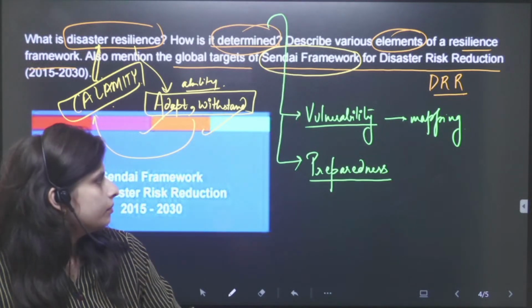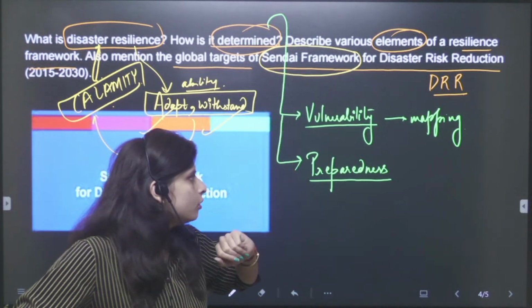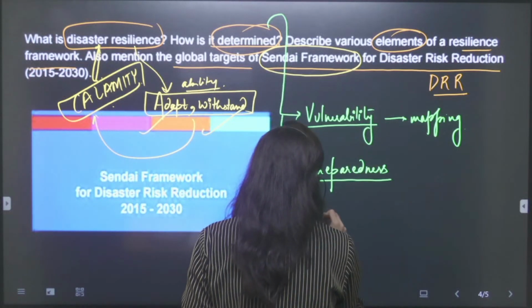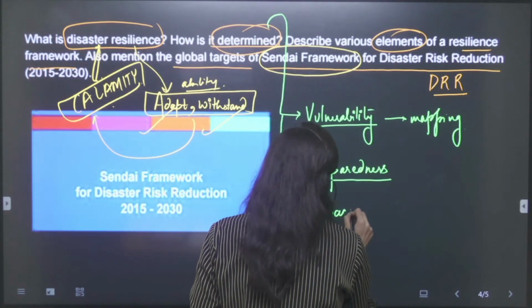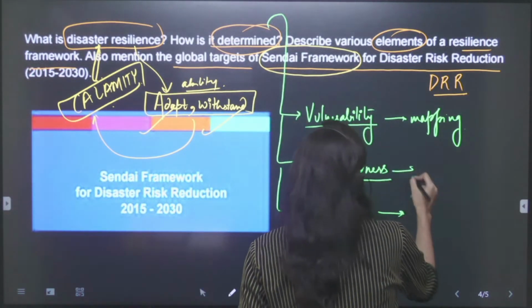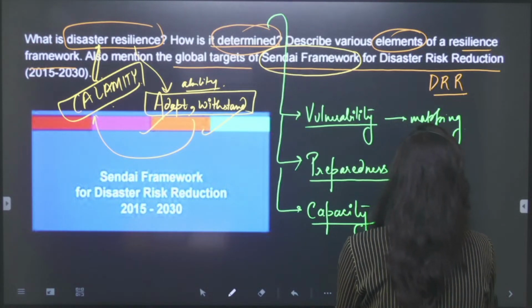Now once we know about the vulnerability and the preparedness, we need to check our capacity. Capacity talks about what? How much adjustment could be made.